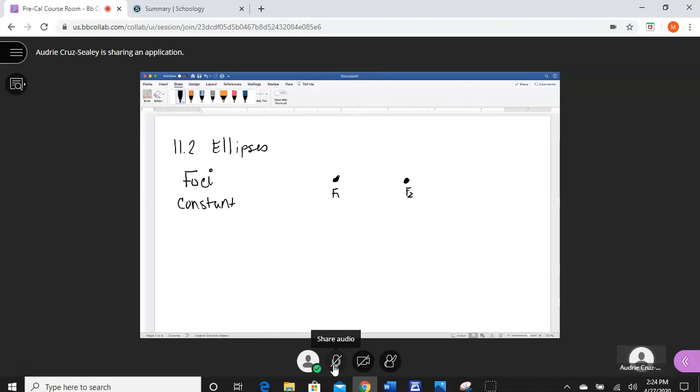You can see a really good example of that on the paper. So here's the edge of the string, and you were to loop this around, keeping the string taut. You would put your pencil and trace it all the way around. You get an ellipse. That's my ellipse. It looks like a potato.